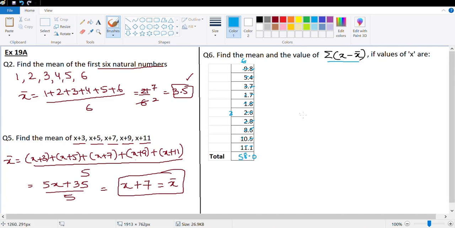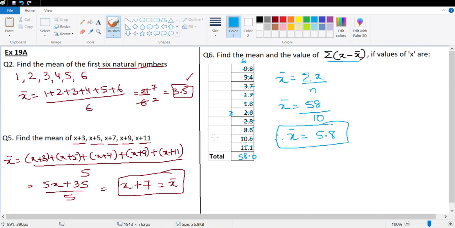So this is 58. So mean is equal to summation of x upon the number of data points, in this case 58 upon how many points do we have? 1, 2, 3, 4, 5, 6, 7, 8, 9, 10. 10. Therefore, mean is equal to 5.8. So the mean of all these observations is 5.8.